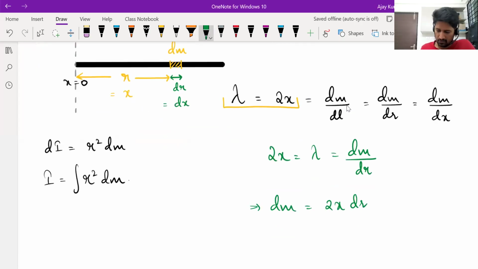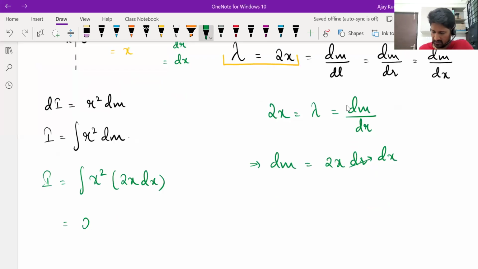So the moment of inertia can be calculated as integral. In place of r square, I'm taking x square because r is same as x, and in place of dm, I am writing 2x dx. 2 is a constant, keep it outside the integral. x square into x becomes x cube dx, and integral x cube dx is x to the power of 4 divided by 4.